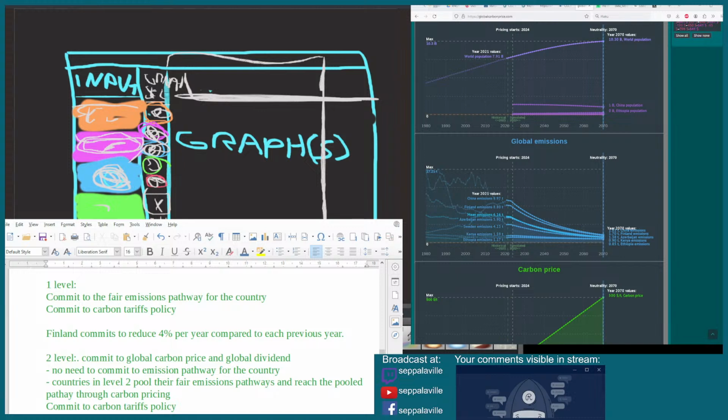Let's see. But yeah, this could be interesting. In the meantime, I could make some very tall graphs, with maybe 20 countries that have the most population, and graph them here.